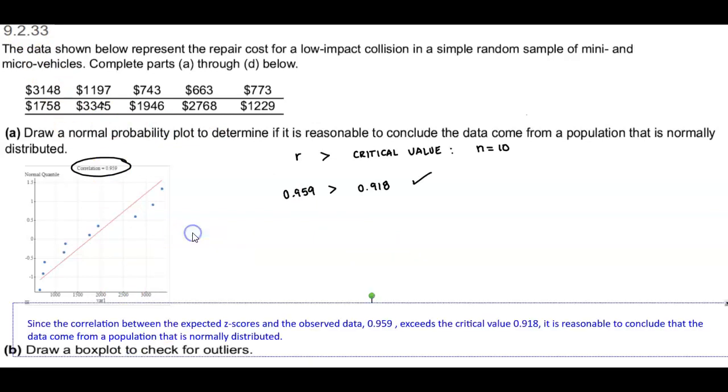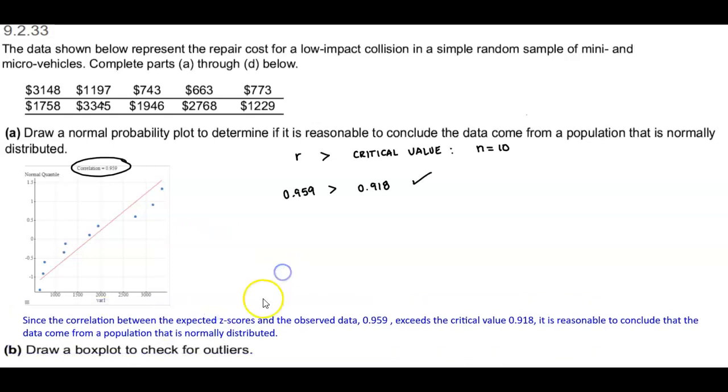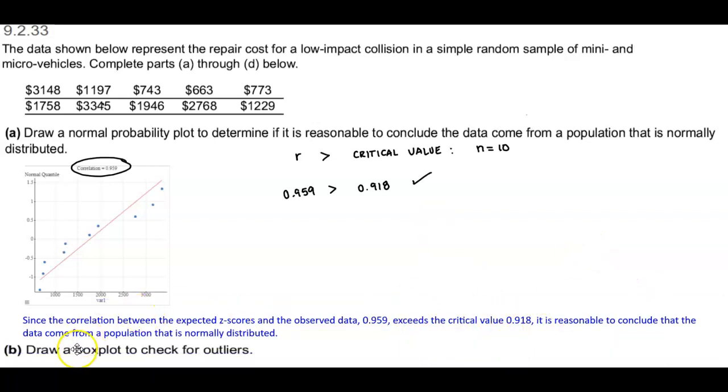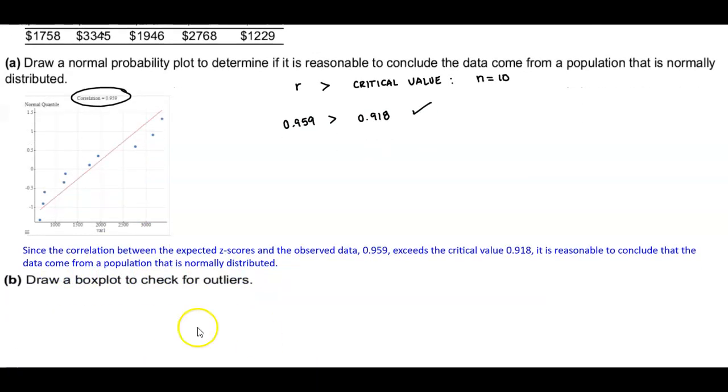So we can say that since the correlation between the expected z-scores and the observed data of 0.959 exceeds the critical value of 0.918, it is reasonable to conclude that the data come from a population that is normally distributed.